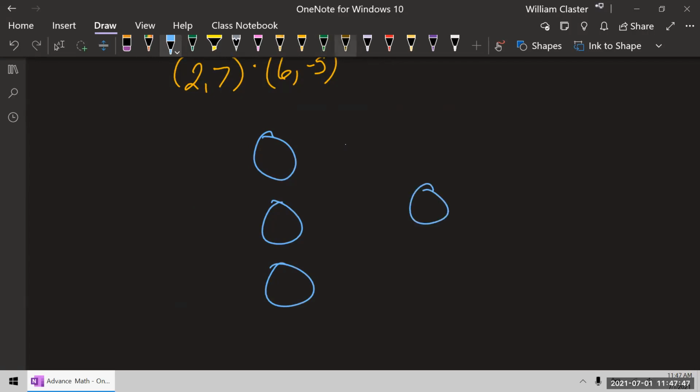Have 3 inputs. And let's say we have 3 weights. Let's say we have 2, -5, and 4. Okay, those are the weights.